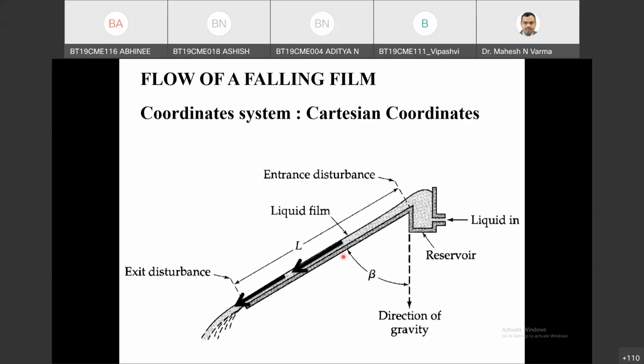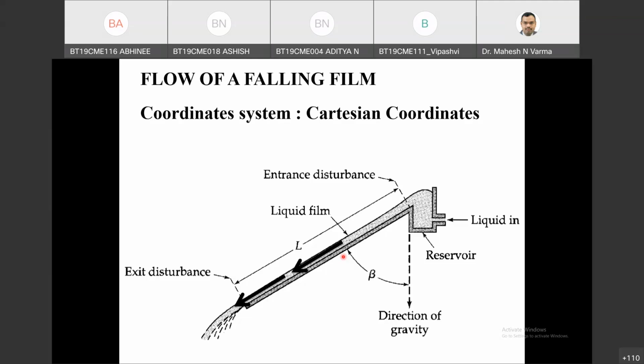Coordinate system is selected. Then find the direction of velocity, in which direction the velocity is flowing. No. Before that, you need to fix the origin, specify the origin and the coordinates. Because many a times your model equation will depend upon the location of origin also.